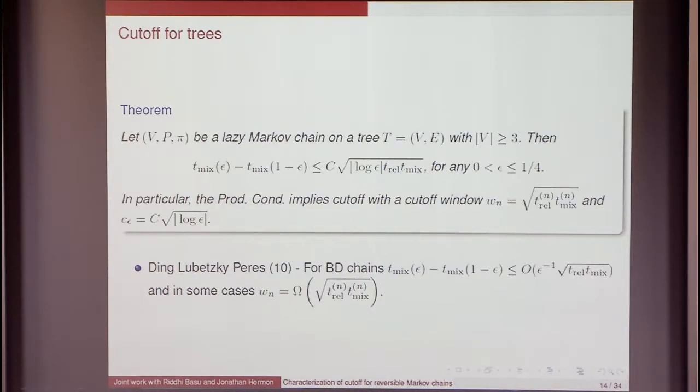So it's sharp. And this log epsilon means sub-Gaussian decay if you scale things in the window of the cutoff. The log epsilon dependence is also sharp, but I won't go into it.